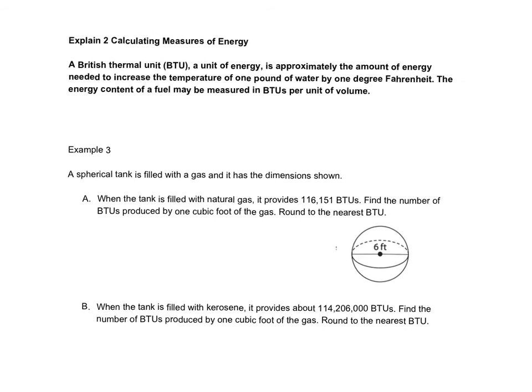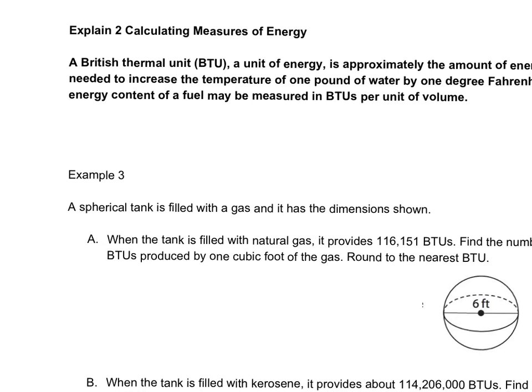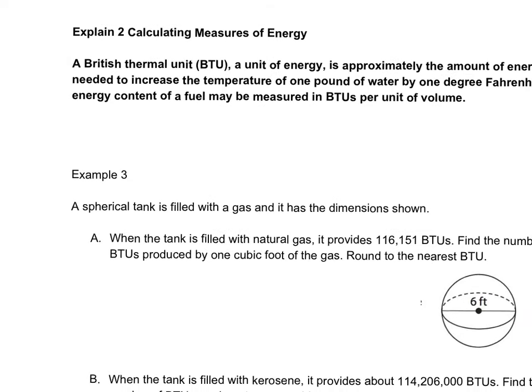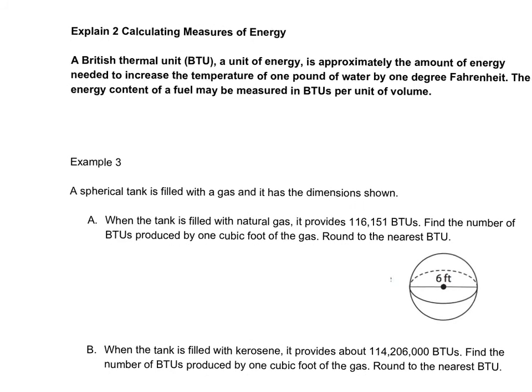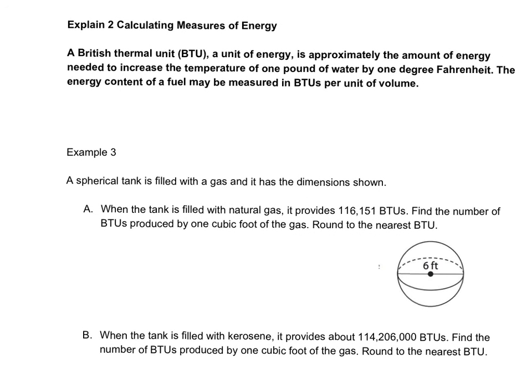Okay, these are more like your science problem when we're calculating measures of energy. So BTU units, British thermal units, are units of energy, and it's approximately the amount of energy needed to increase the temperature of 1 pound of water by 1 degree Fahrenheit.